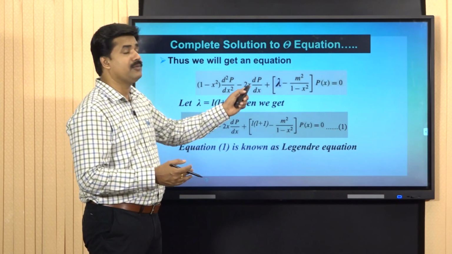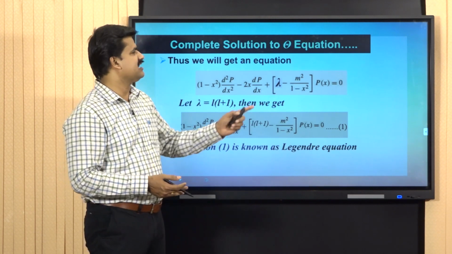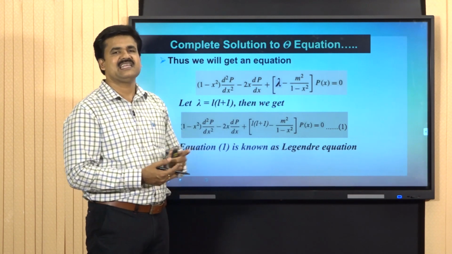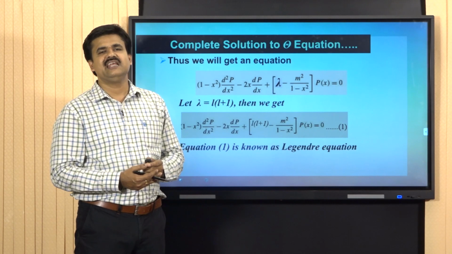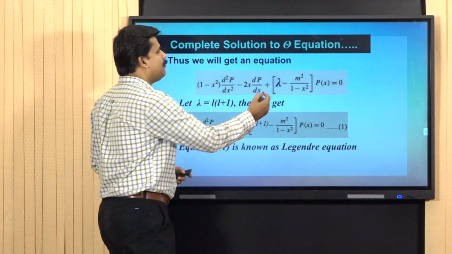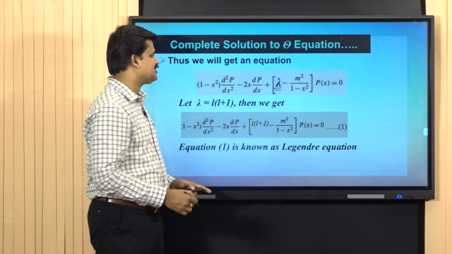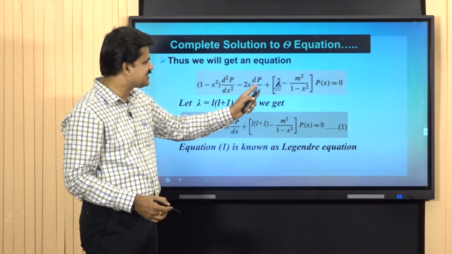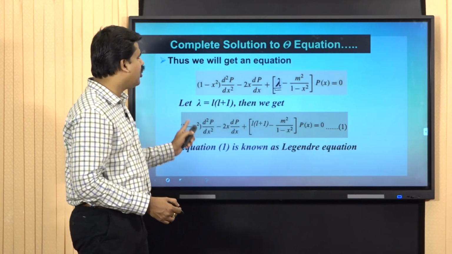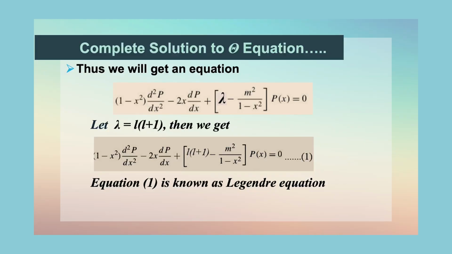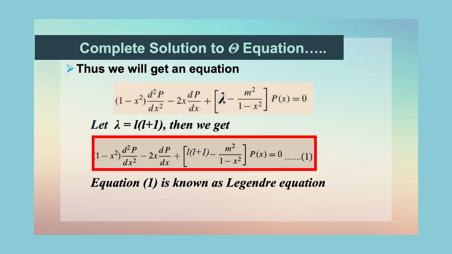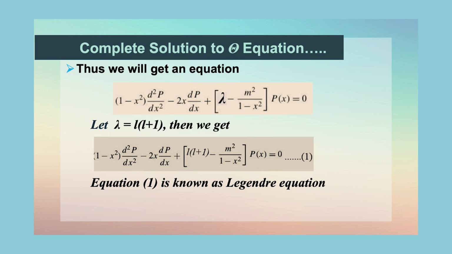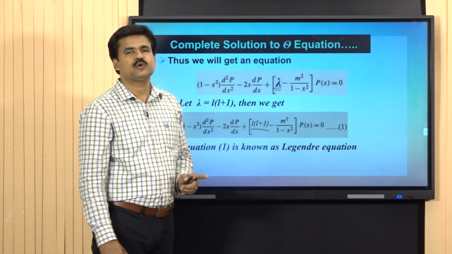We are now making one more substitution in this equation. We are just replacing lambda present in this equation by L into L plus 1. Therefore, this equation takes the new form, that is 1 minus x square d square P by dx square minus 2x dP by dx plus, lambda replaced as L into L plus 1, minus m square by 1 minus x square into P of x equal to 0.